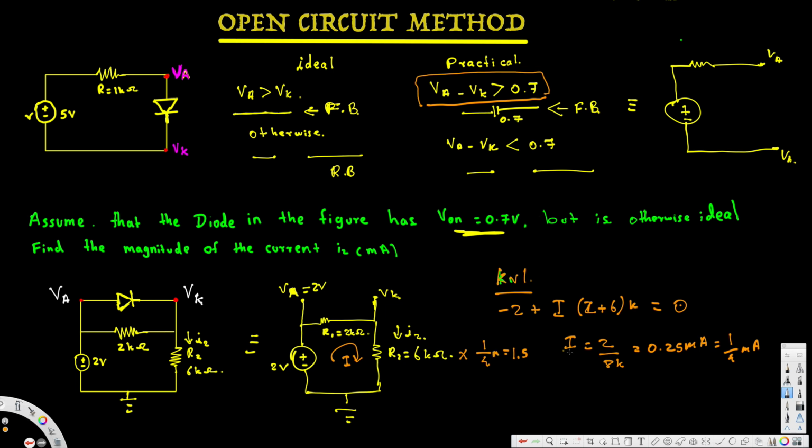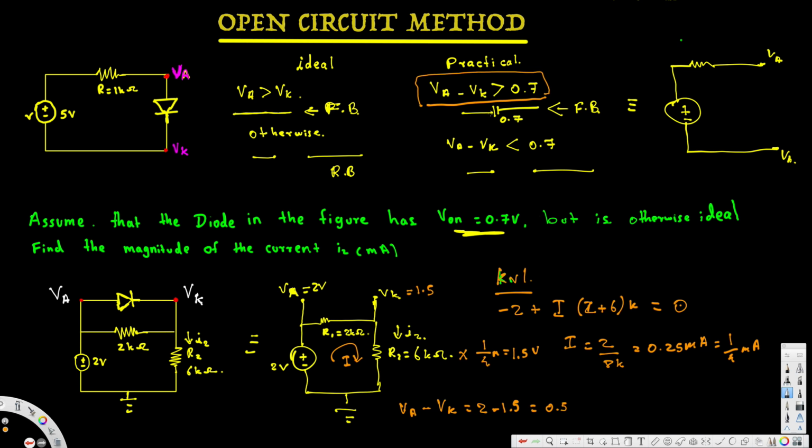Milli and kilo cancel, so 1.5 volts. VA is 2 volts, and VK is 1.5. VA minus VK, 2 minus 1.5, that is equal to 0.5, right?